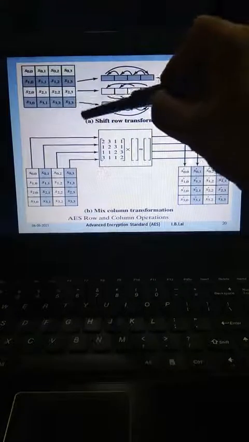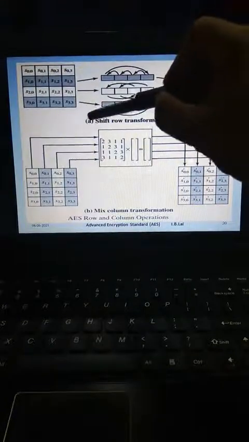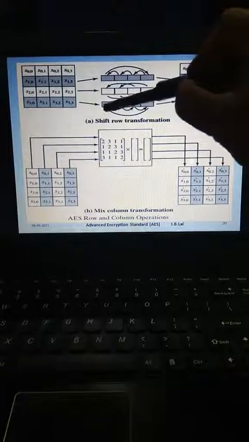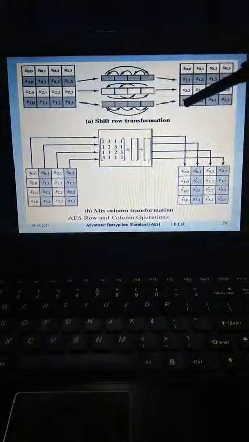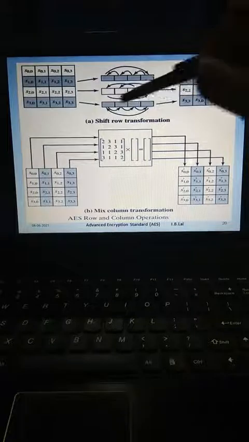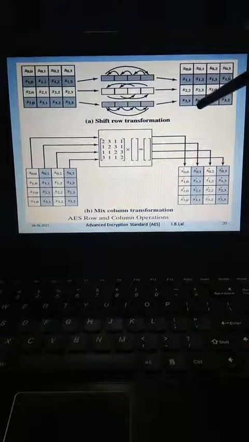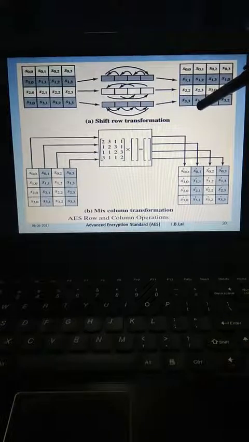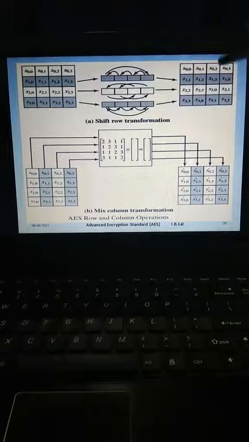And in third row, 3 bits would be shifted. So the last bit becomes the first bit. S33 becomes the first bit. Okay. And the second position is taken by S30, then S31 and S32. This is the output of shift row transformation, shift row process.